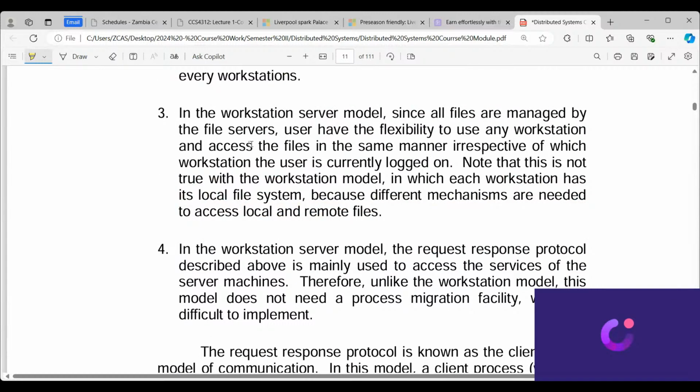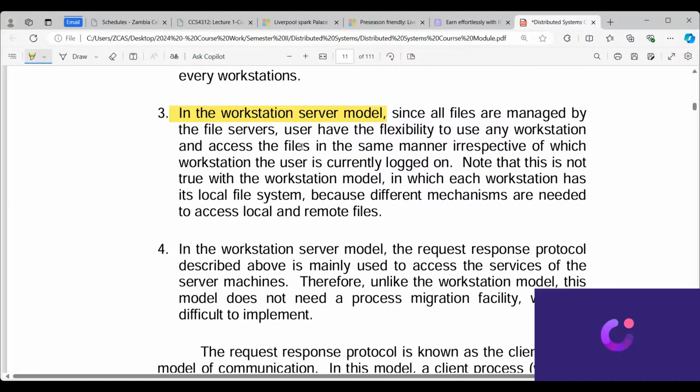Then in the workstation server model, since all files are managed by file servers, users have the flexibility to use any workstation and access the files in the same manner, irrespective of which workstation the user is currently logged in.